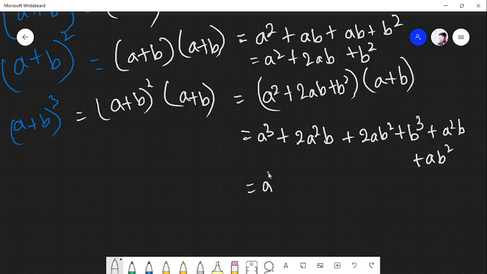So as a sum, it's like a cube plus 3a squared b plus 3ab squared plus b cubed.